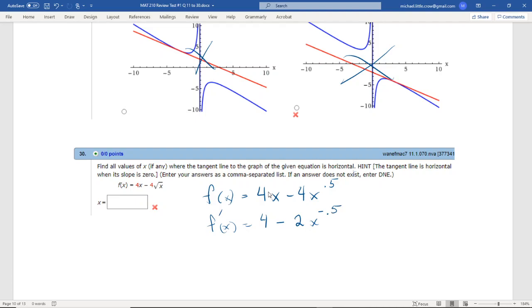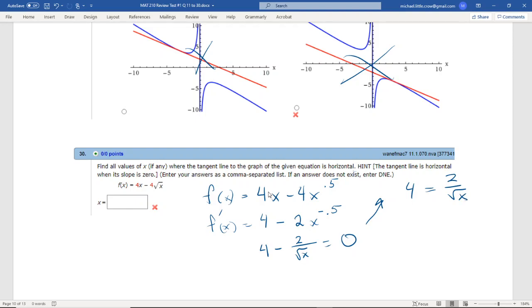And so another way we could write this that maybe looks a little better is 4 minus 2 over the square root of x. We're going to set that equal to 0. Let's just add this term 2 over square root of x to both sides. So the 4 just gets left there. We add 2 over the square root of x here.